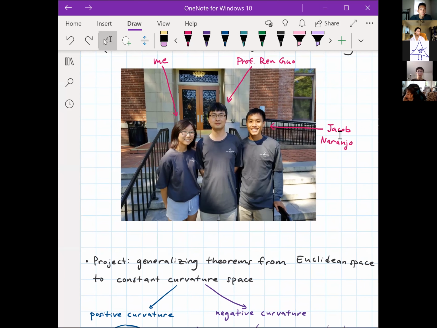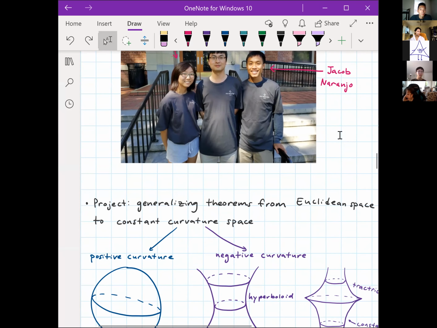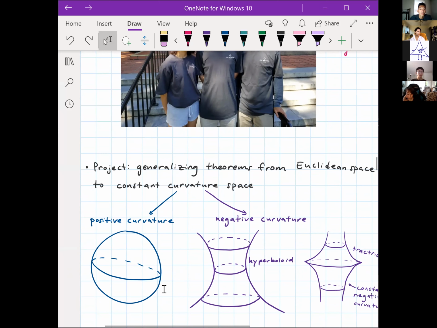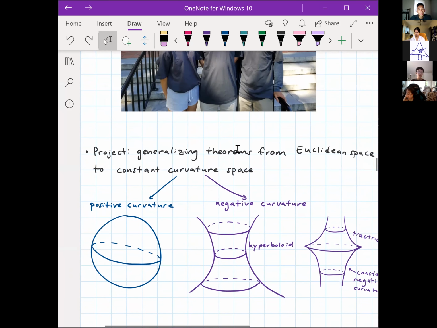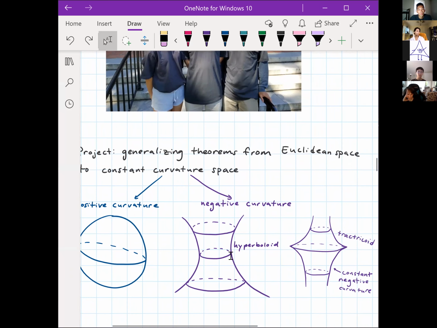There are 2 types of curved spaces. You've got your positively curved spaces, which in the constant curvature setting are just spheres. And then you have negatively curved spaces, which might look something like this. This is a hyperboloid.